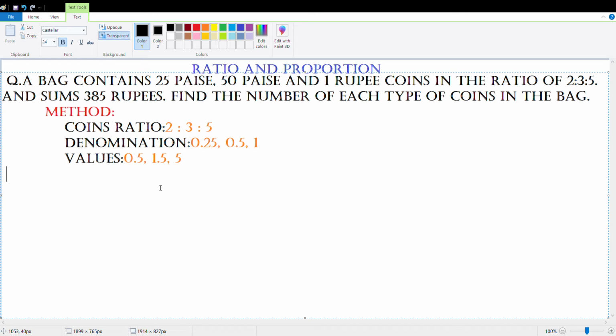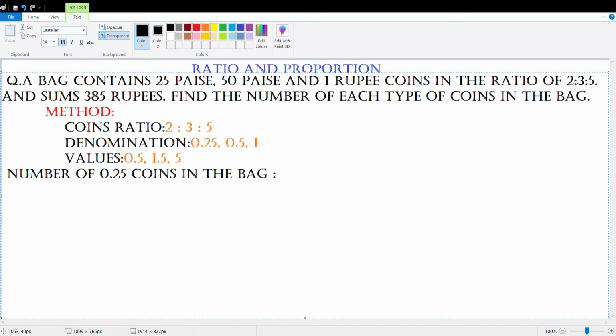Now, it is time to calculate the number of each type of coins in the bag. So let's start. So the number of, we'll start with 0.25. So the number of 0.25 coins in the bag is.